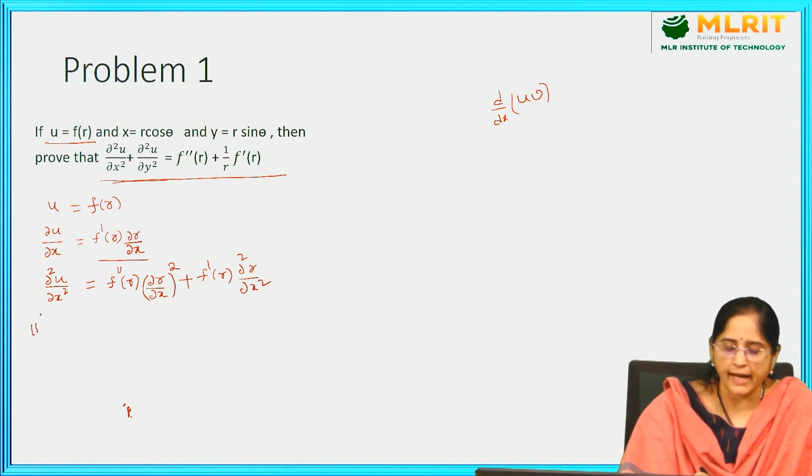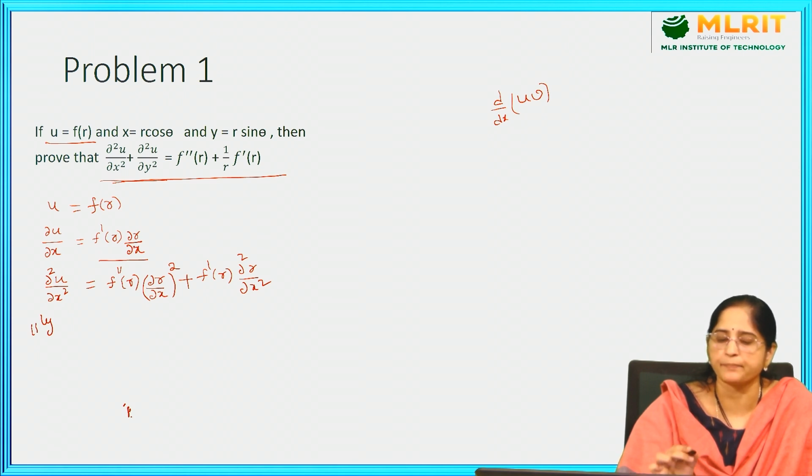Similarly, if you calculate dou u by dou y, we get f dash of r into dou r by dou y. Again we differentiate this partially with respect to y. We get f double dash of r into dou r by dou y into dou r by dou y, that is dou r by dou y whole square, plus f dash of r into, with respect to y, dou square r by dou y square.